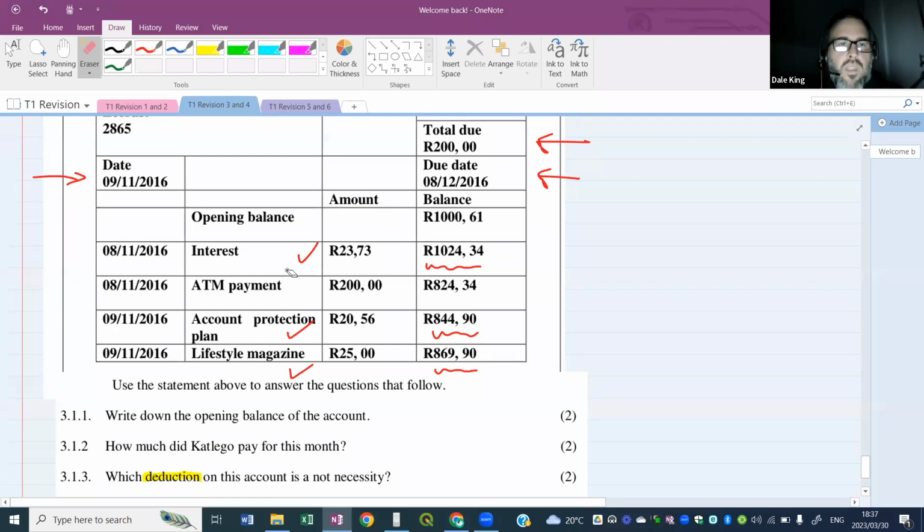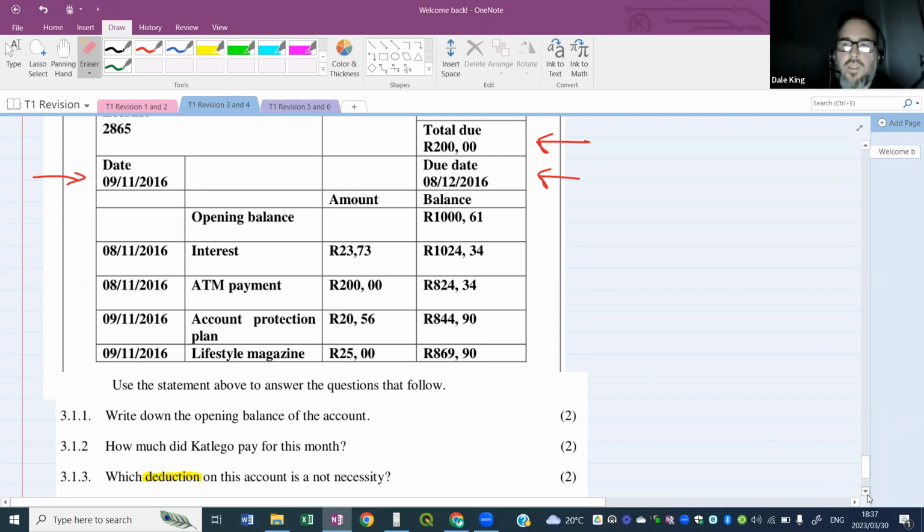In fact, the only two which are optional are the account protection plan and the lifestyle magazine. Interest is not optional. You have to pay interest. So we're really just looking at account protection plan and lifestyle magazine. I think the lifestyle magazine is the one that really isn't necessary. Okay, so that deduction there, this person could really do without. Not very necessary at all.